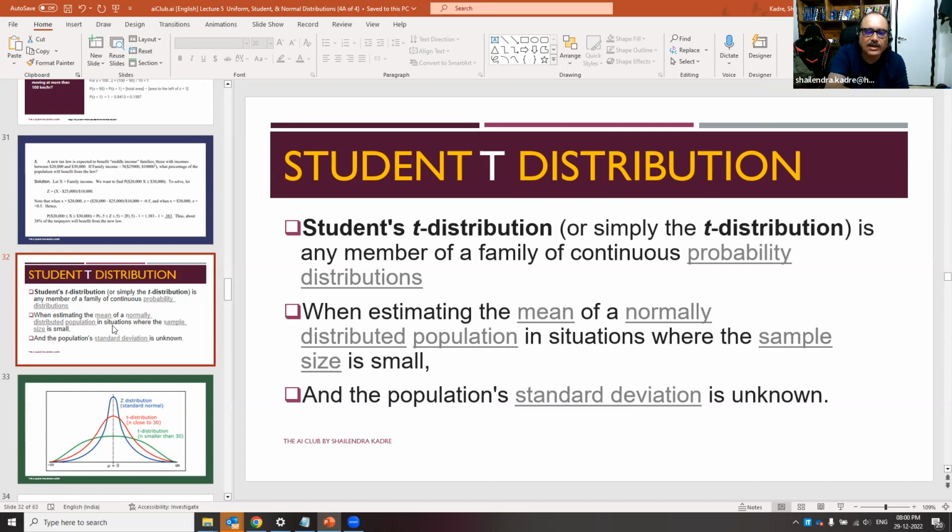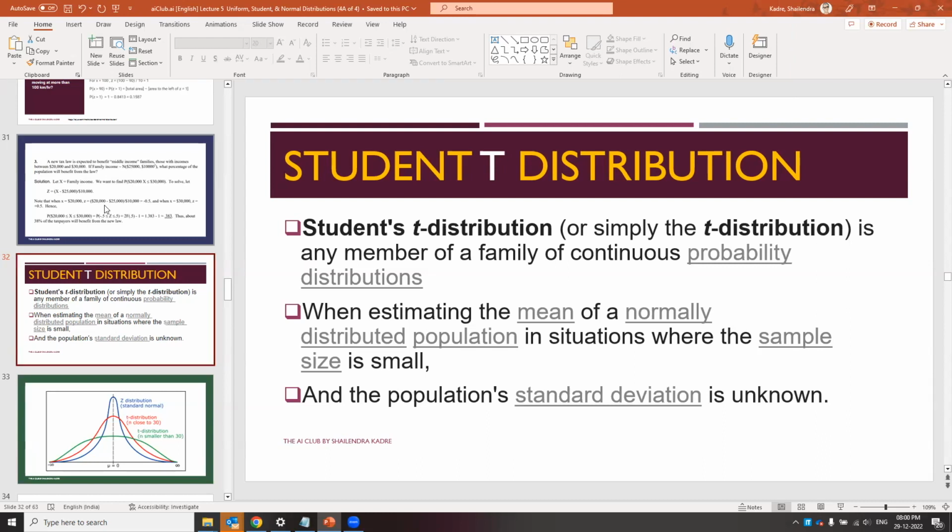If it is less than 30, say 20, 25, or 15, there is another distribution called the student T distribution. But if you have 30 or more samples, you go for normal distribution. Is this understood?